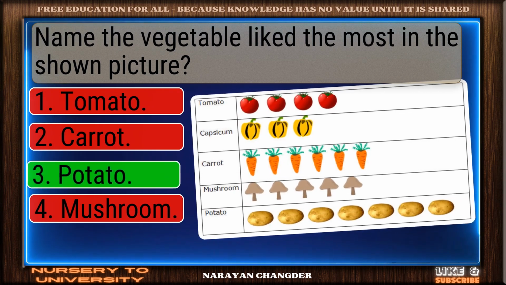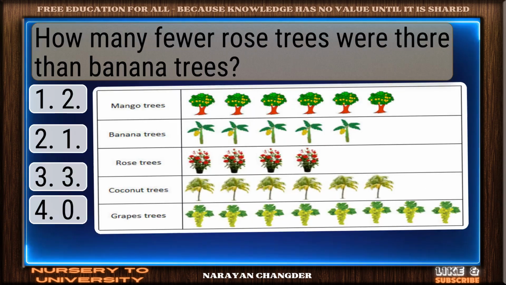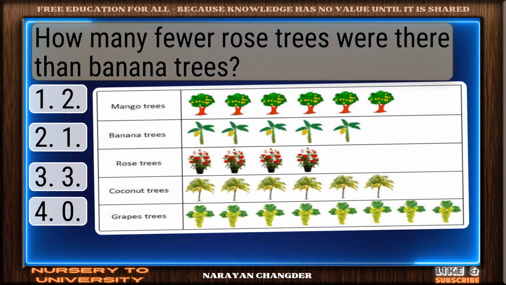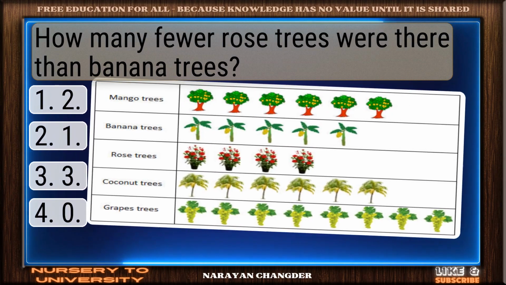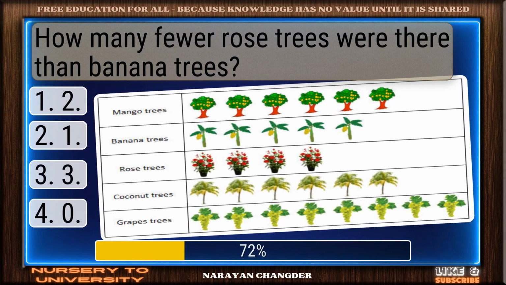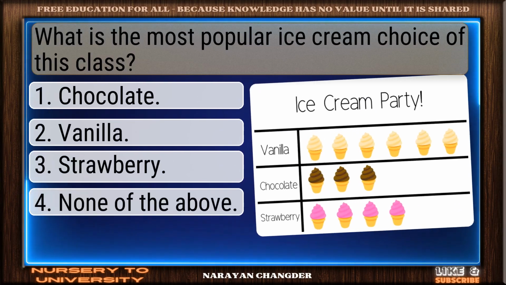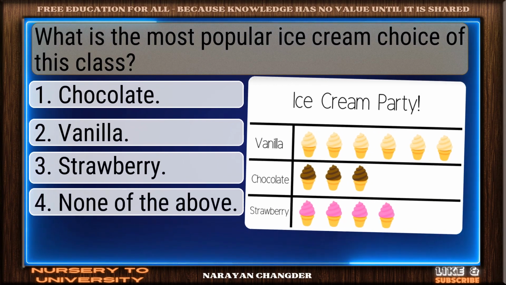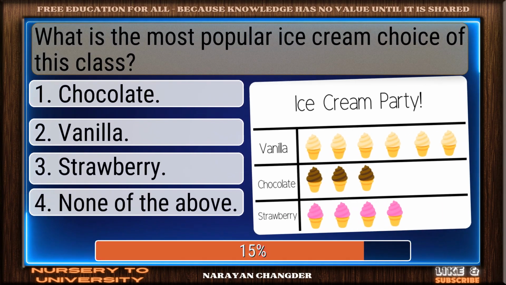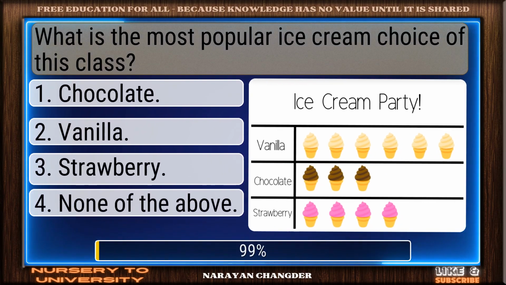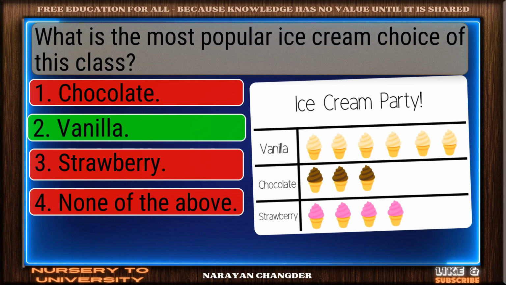Great thinking. Potato is right. How many fewer rose trees were there than banana trees? Exactly. 1 makes sense. What is the most popular ice cream choice of this class? Correct. Vanilla is spot on.